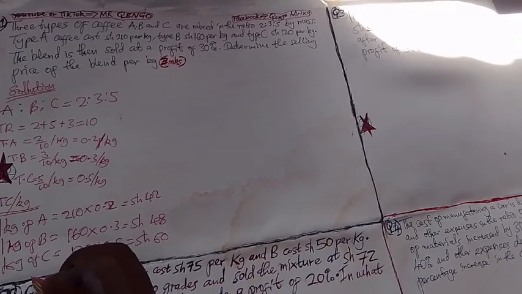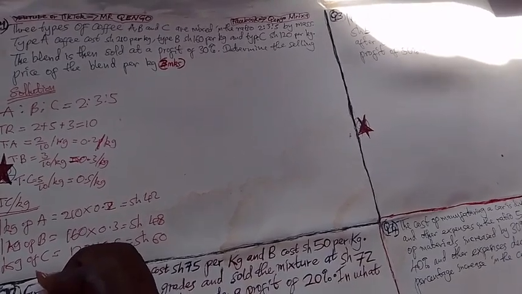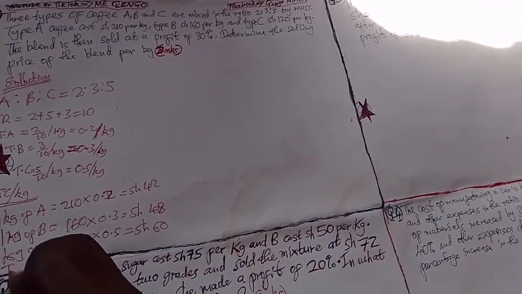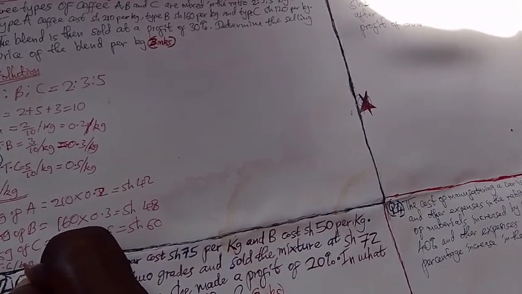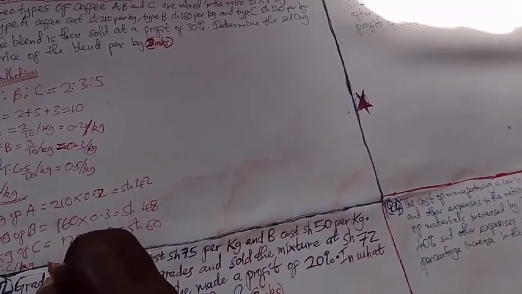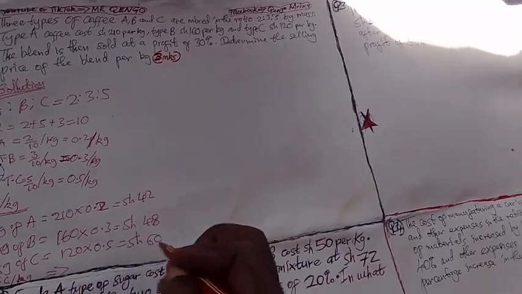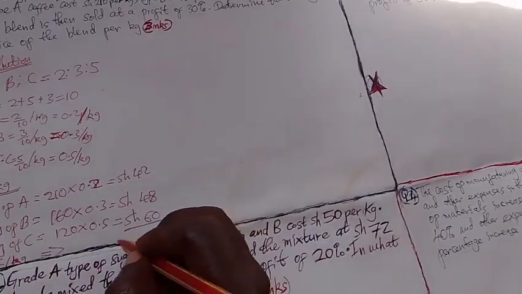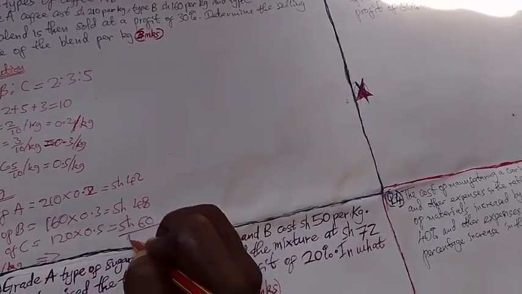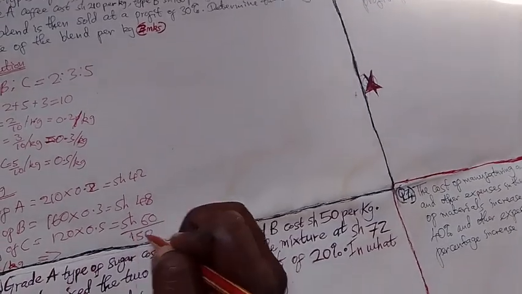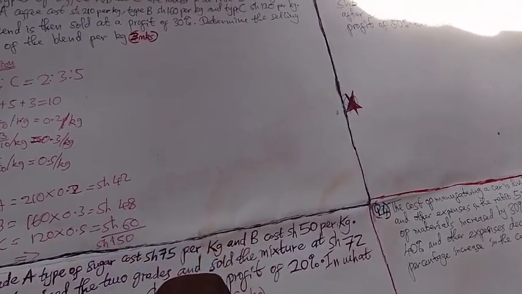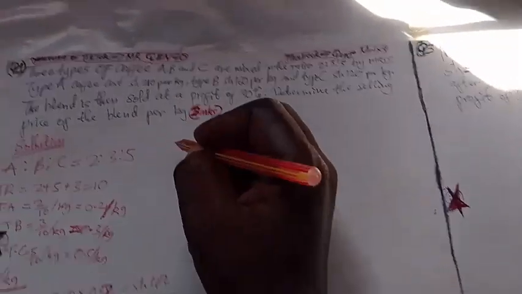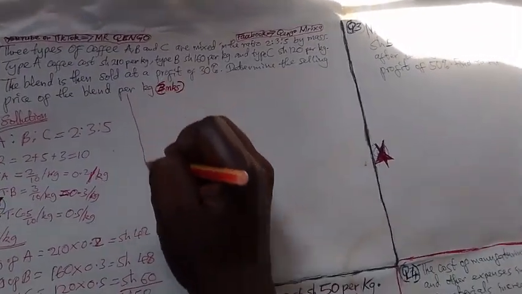So we are going to find the total cost per kilogram. This one will be given by the sum of these, and this will give us 150 shillings.